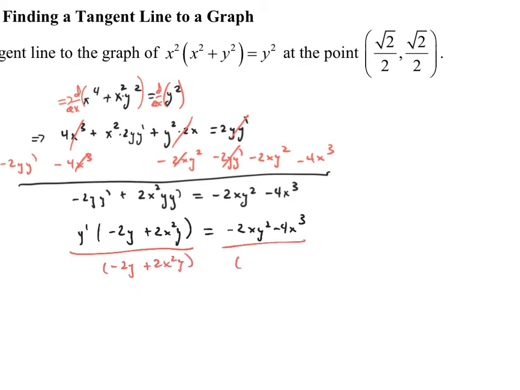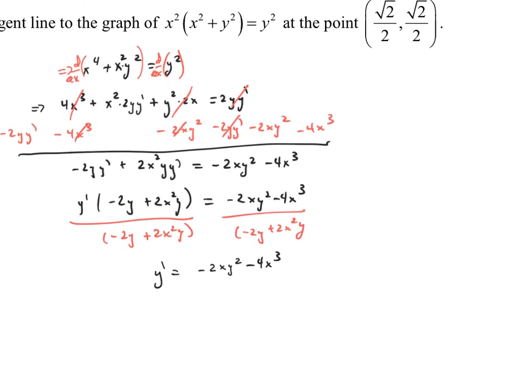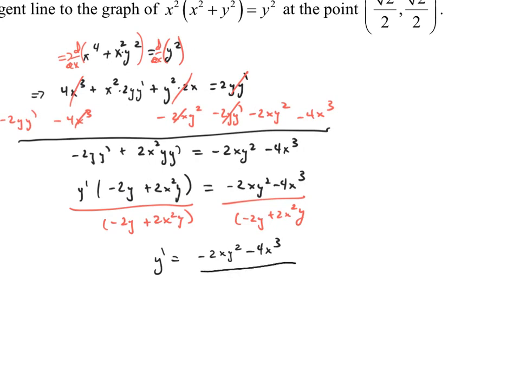Again, both sides divided by negative 2y plus 2x squared y. And when we do that, we end up with y prime equals negative 2xy squared minus 4x cubed all over negative 2y plus 2x squared y.